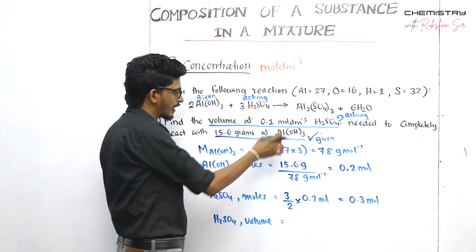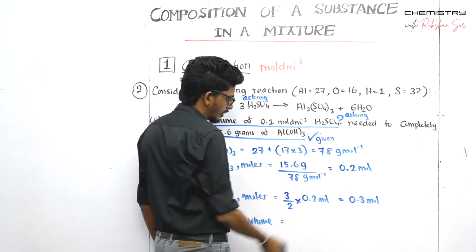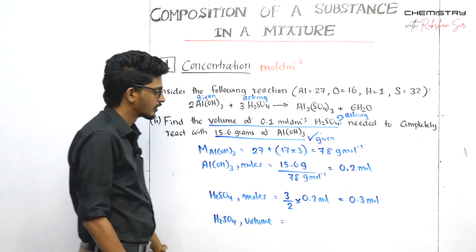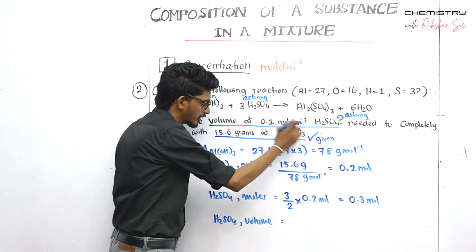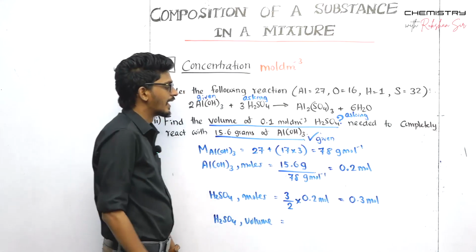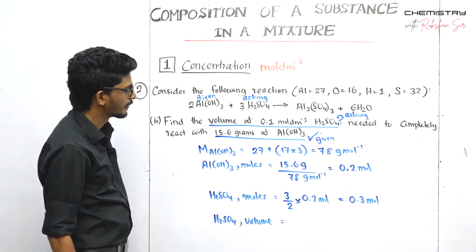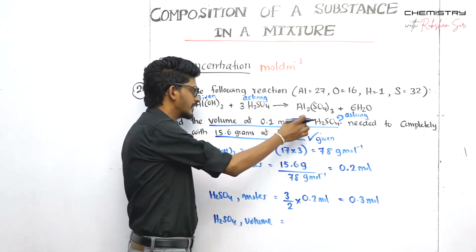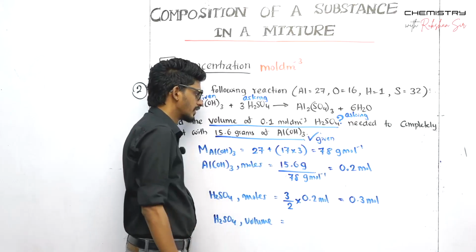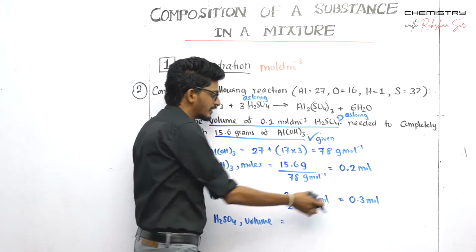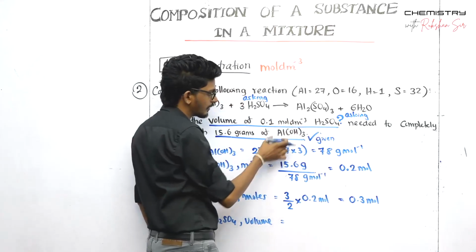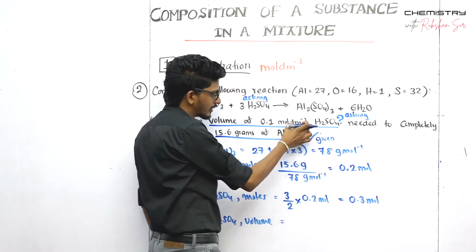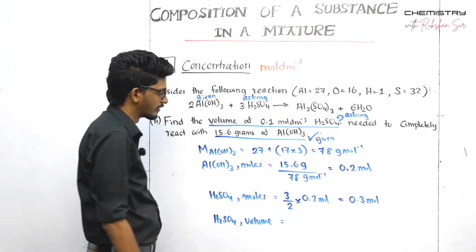For that, we need to cancel off the mole value, so definitely a division should be done. If you divide this with this, the moles cancel off and dm minus 3 comes to top as dm3. That is the idea.